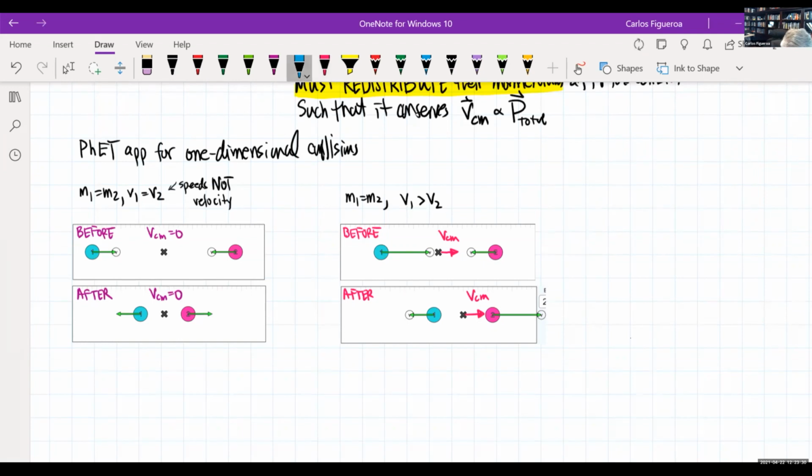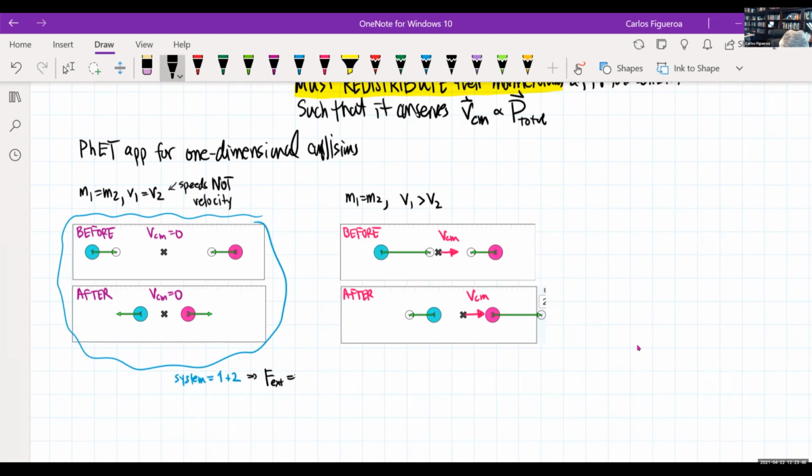And the reason why this all happens is because why? This is my system. My system is ball number 1 plus ball number 2. And what we say here is that F external is 0 or J external is 0. So this implies that the total momentum does not change.